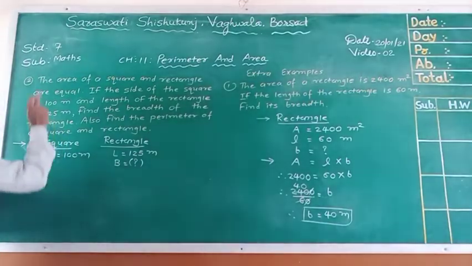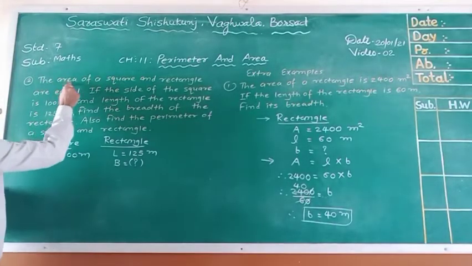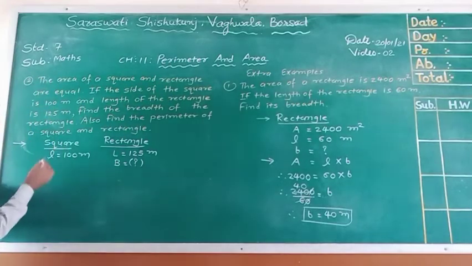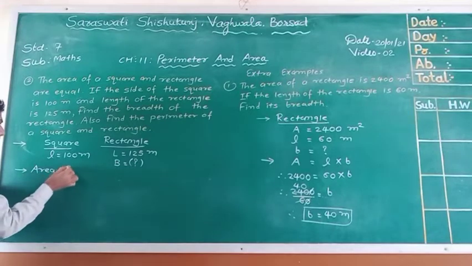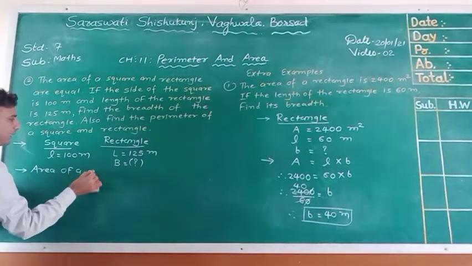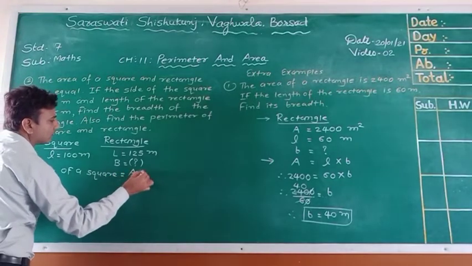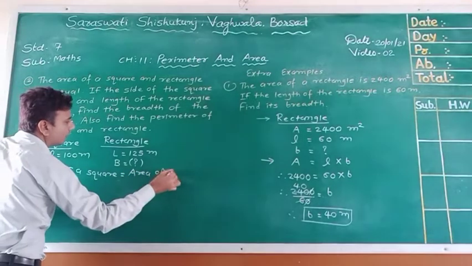Okay. See, in a square the length is 100 meter, in a rectangle the length is 125 meter, but the breadth is not given. In this condition, the area of a square and the area of a rectangle are both equal. So here we can write: area of a square equal to area of a rectangle.